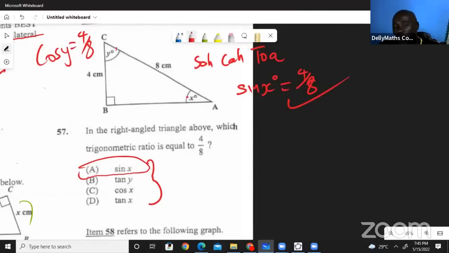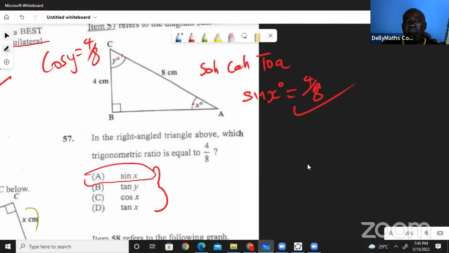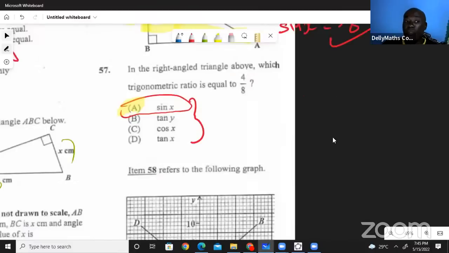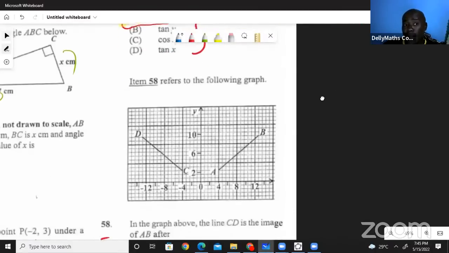So there are 2 responses that could have been given, but they have 1 here. So you pick that 1 and you move. Somebody might say, I think it is cos because you're seeing this. And yes, you are correct, but they don't have that response. So you look again. Oh, I can read it from another angle. I can use the sine and then I will get that as well. So look out of your eyes. Sometimes there are more than 1 right answers. They would just put 1.